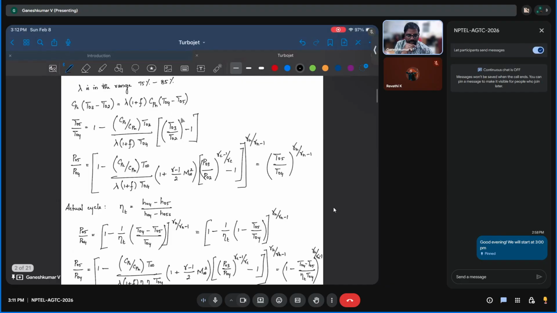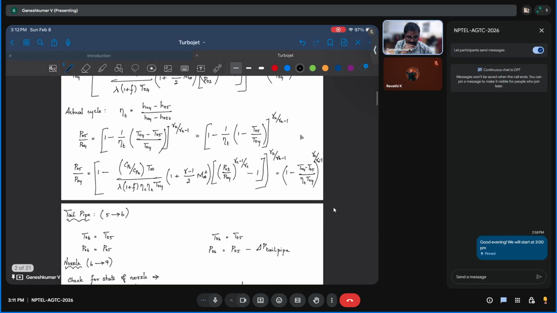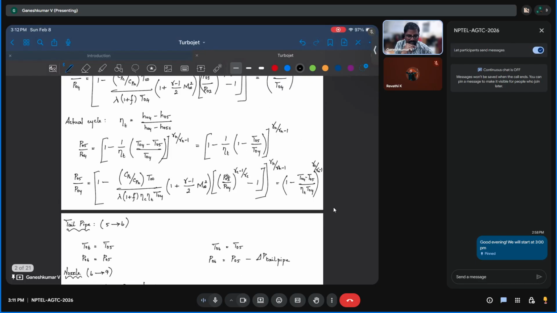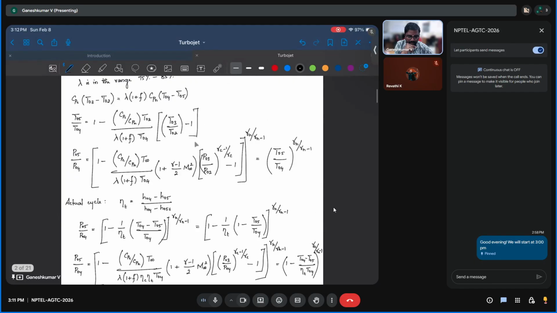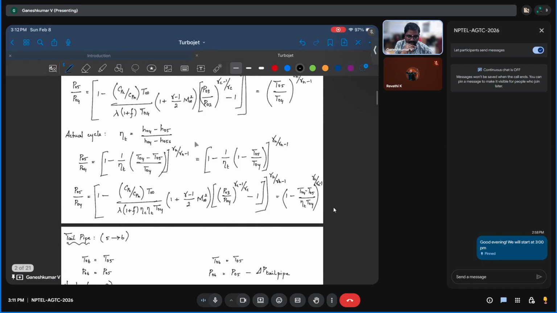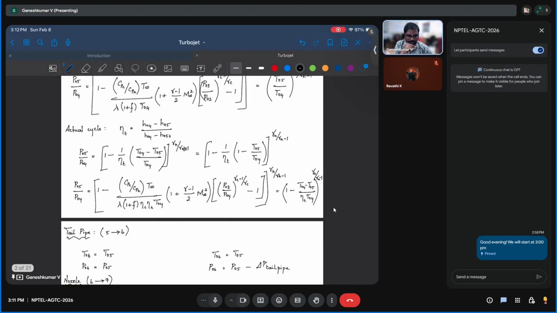But since you already know the terminal temperatures, you need not rewrite; you can just use this simplified work relation to find T05. At the end of the day, we need to find T05, and T04, T03, T02 are all known. For the actual cycle, you will additionally have turbine efficiencies which you need to take into account. That's all.